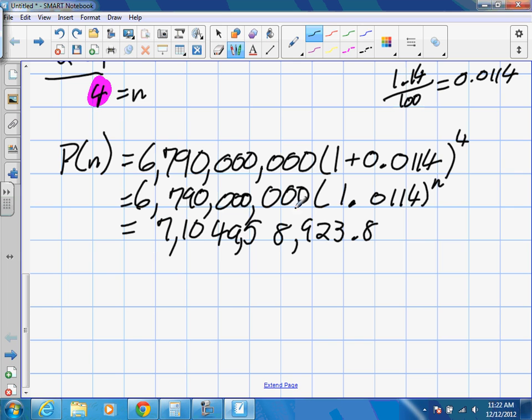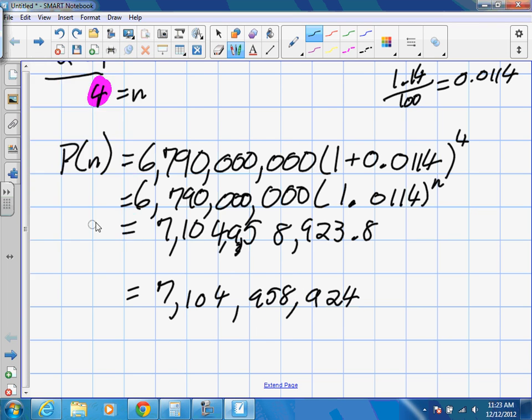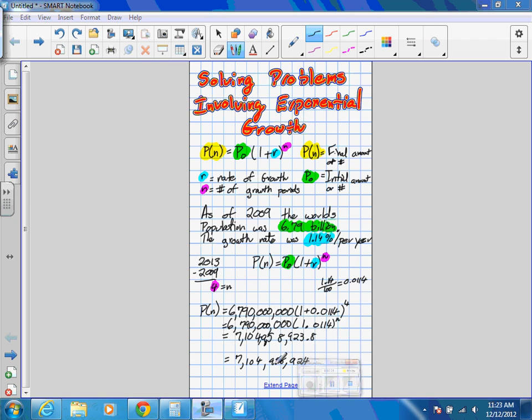In your questions, I'll probably get you to round to the nearest unit, which means we're looking at 7,104,958,924 people as of January 2013. So in 1 month, that's how many people should be on the earth according to our formula. We just estimated the world's population and we looked it up. It's pretty close. We think we'll be right by the time January hits.